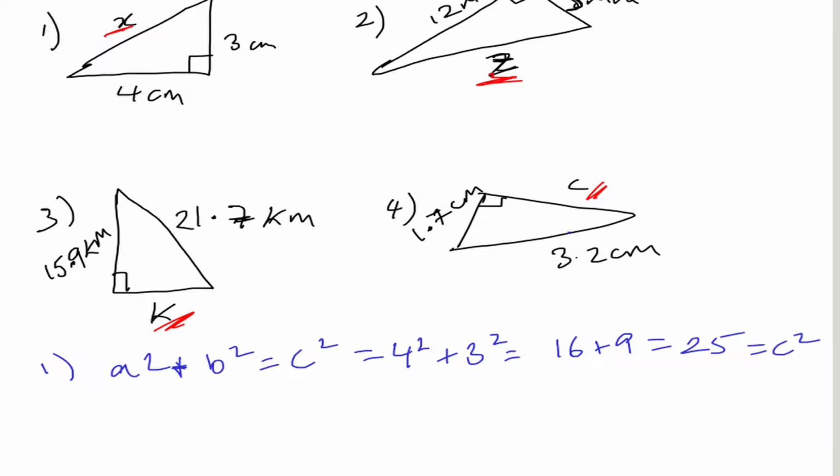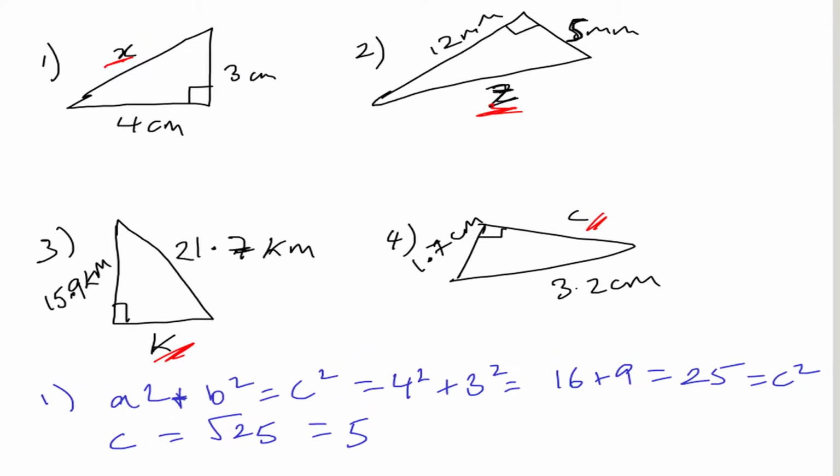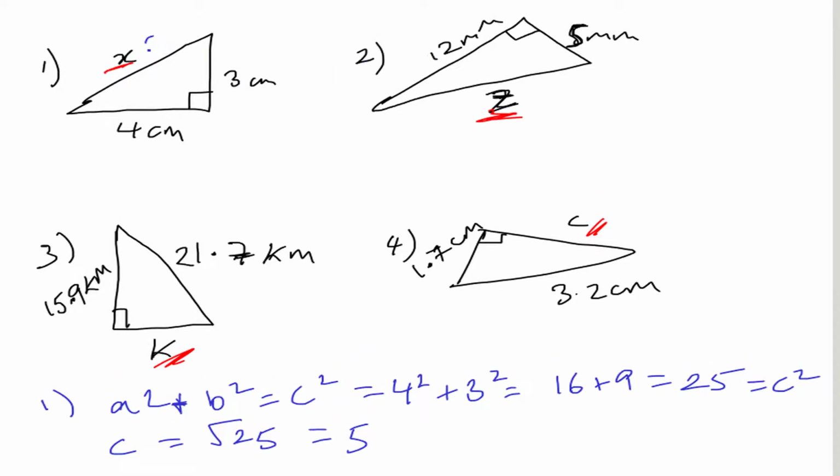That equals c squared. Therefore c is the square root of 25. You guys should know this by now. That's 5. So therefore x is 5 centimeters.